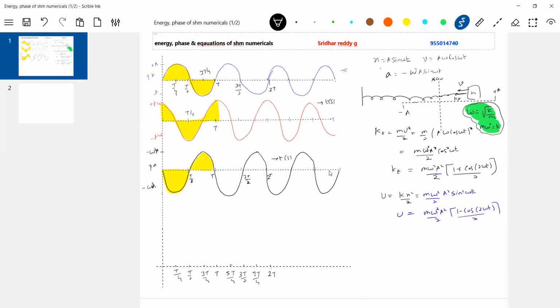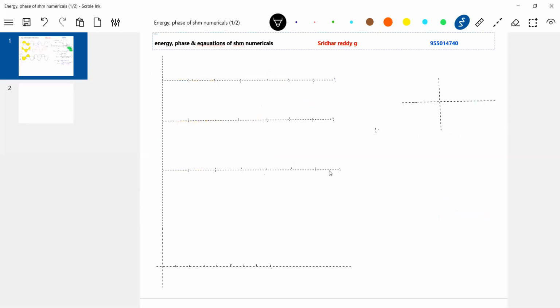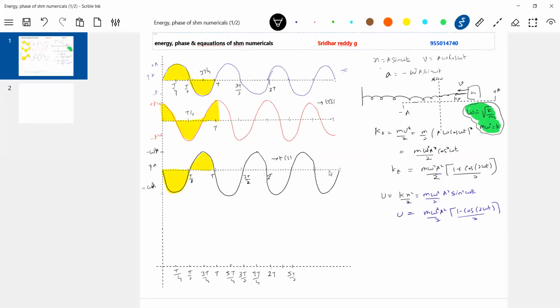So like this, we can continue. After 2T, it will be 5T by 2, 2.5T, then 3T it will come. Okay, this will be 3T. We have to plot the graph.